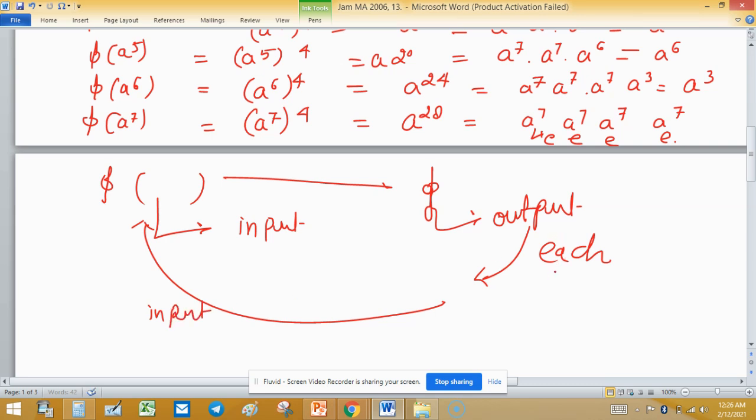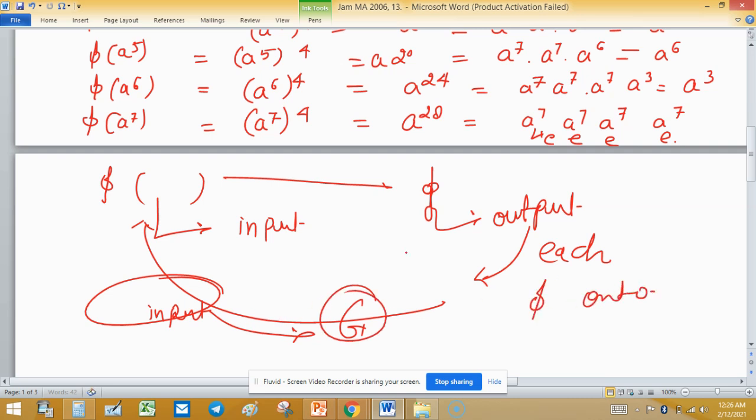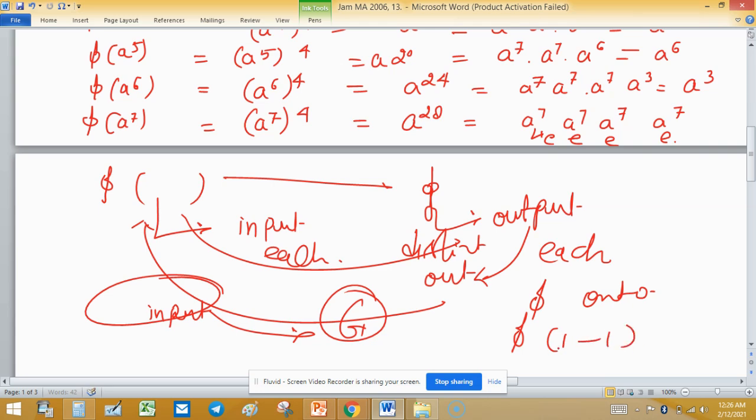For each output there exists an input, and these inputs are coming from G. So phi is onto, and clearly for each input there is a distinct output. So phi is also 1-1.